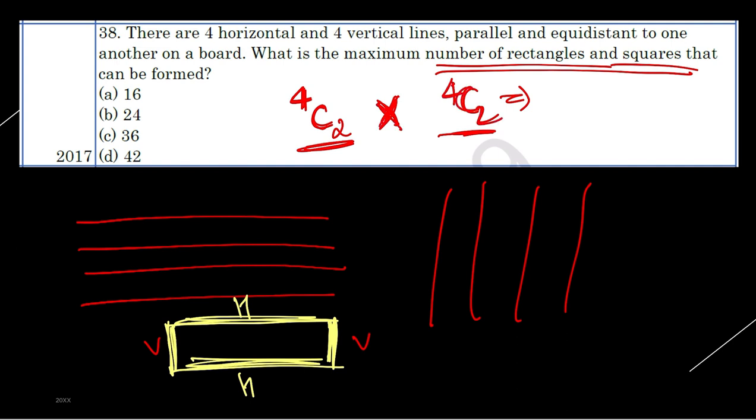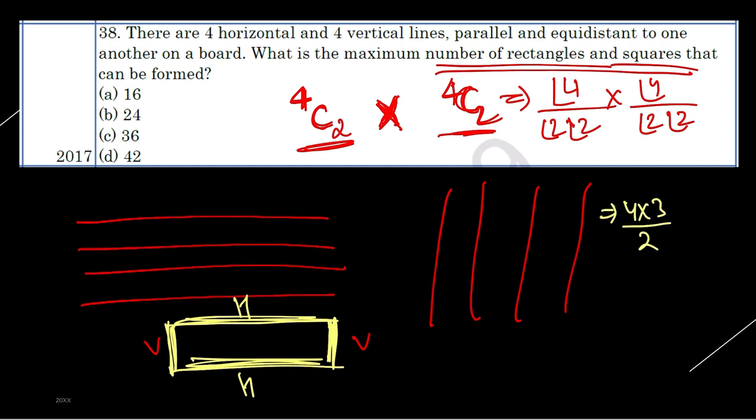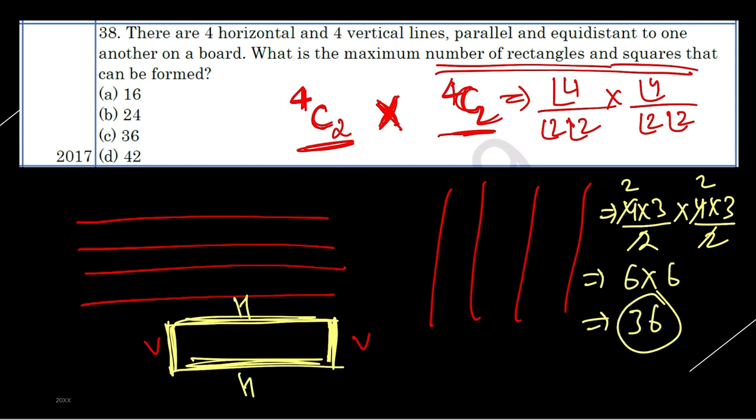So 4C2 multiplied by 4C2. I will get 4 into 3 by 2 multiplied by 4 into 3 by 2, so 6 into 6, that is 36 ways. So 36 is the total number of squares or rectangles I can form using these lines, right?